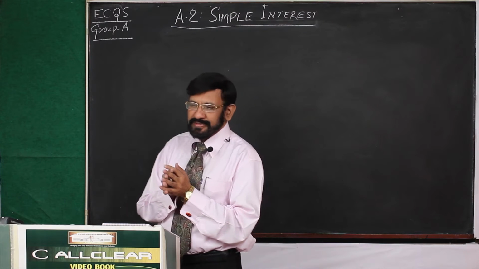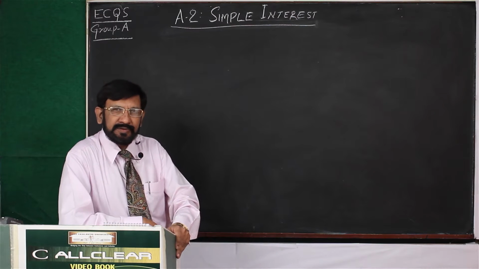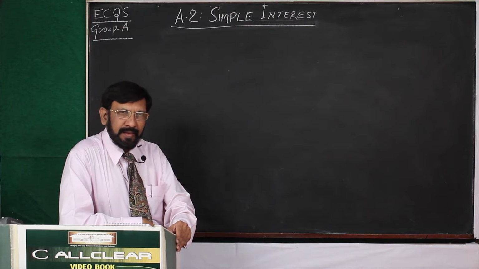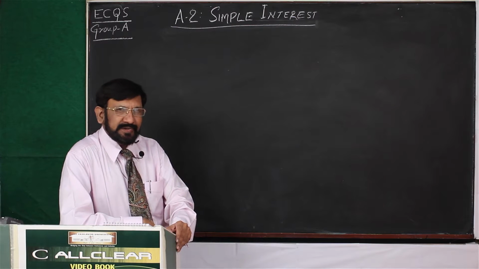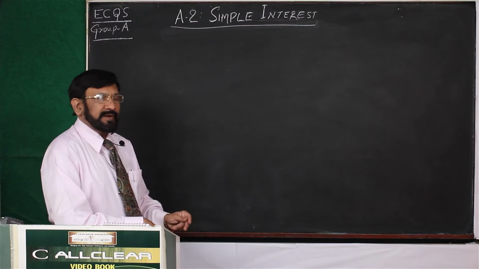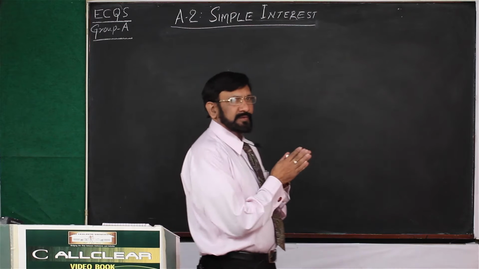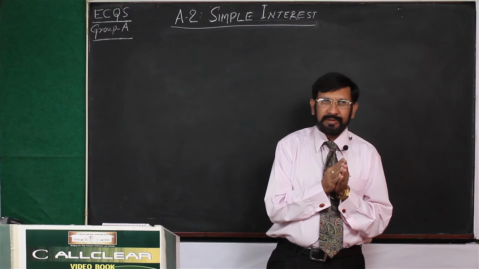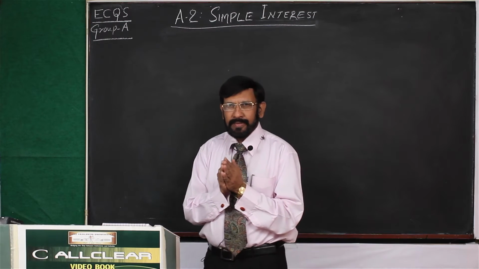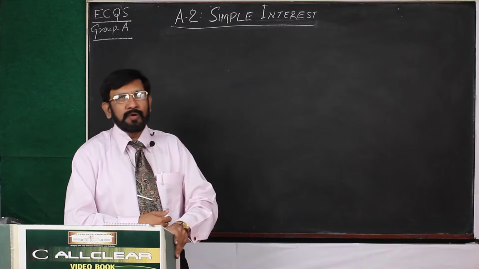Now, we are discussing the features of simple interest. Actually, interest is calculated in two methods. The first method is the simple interest method and the second one is the compound interest method.